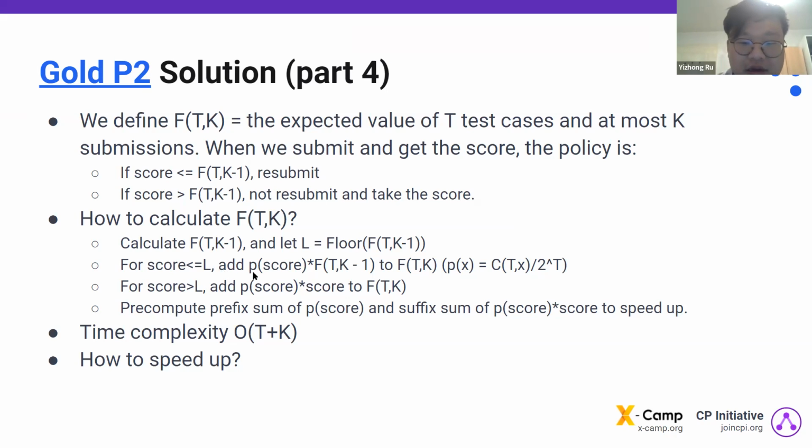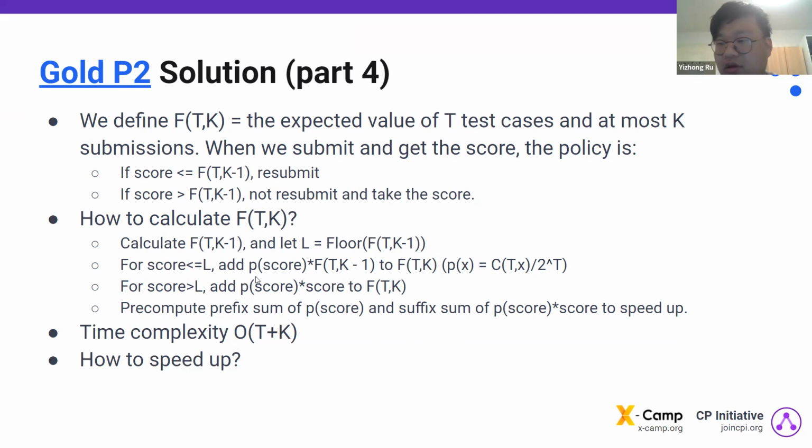Because we can pre-compute something about P, right? P only depends on T, and T is fixed. So to speed up, we can pre-compute the prefix sum of P score.